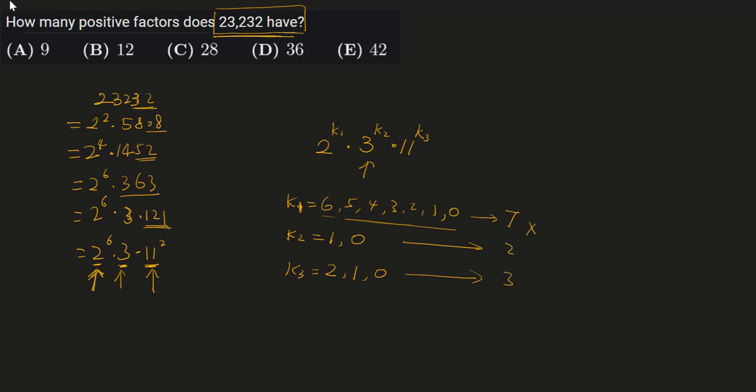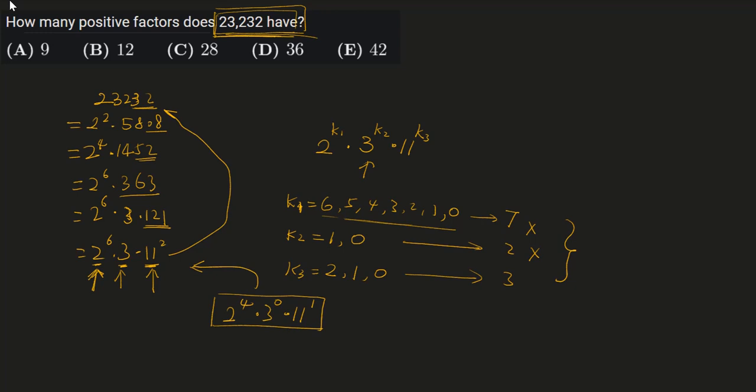And if we multiply them, we'll get the total number of factors that we can construct for this big number. Just to give you an example, let's say 2 to the 4, 3 to the 0, and 11 to the 1. This is certainly a factor of the original number.